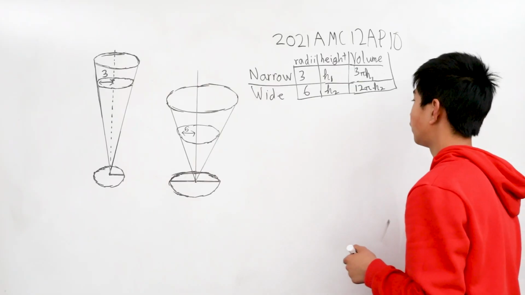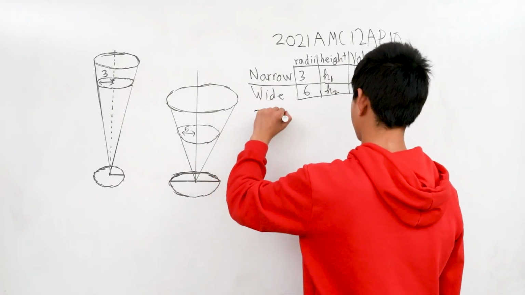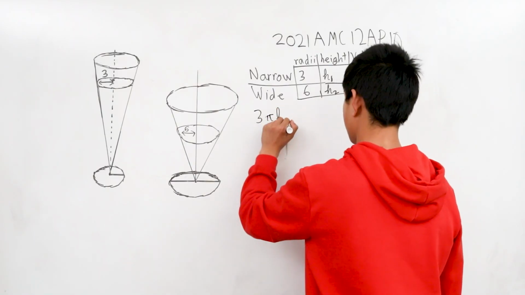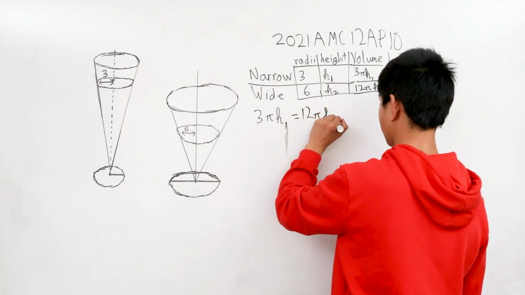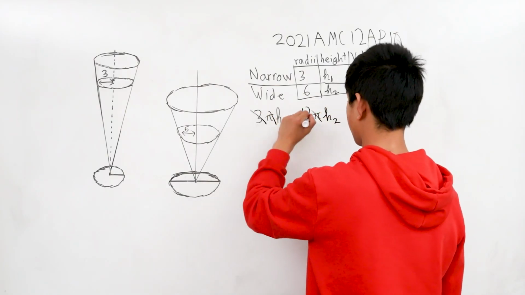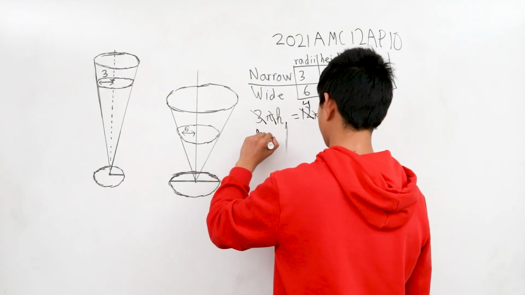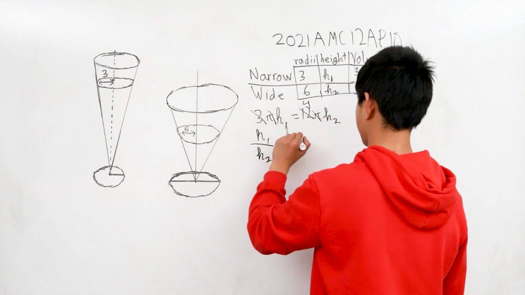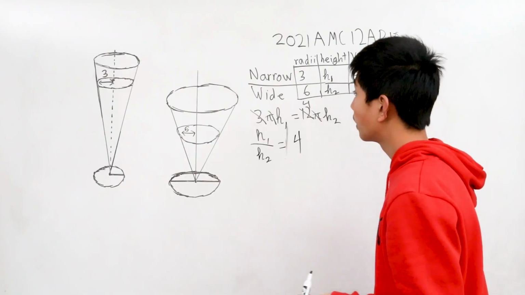Since we know these volumes are equal, we say that 3 pi h1 is equal to 12 pi h2. So the pi's cancel out, and this becomes a 4: the ratio of the narrow cone's height to the wider cone's height is just 4, h1 over h2.